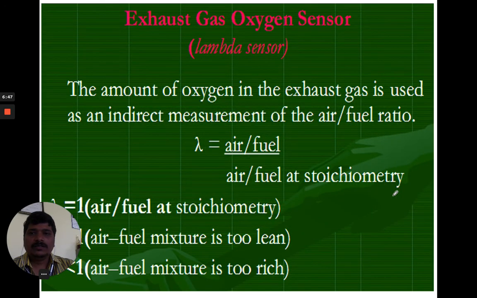Okay, so the exhaust gas oxygen sensor is also called a lambda sensor. Keep in mind it is also called a lambda sensor. According to the definition, the amount of oxygen in the exhaust gas is used as an indirect measurement of the air-fuel ratio.